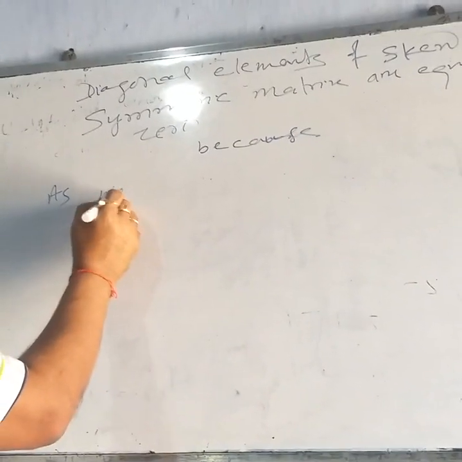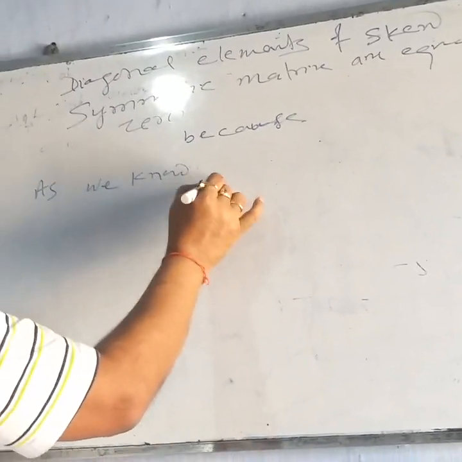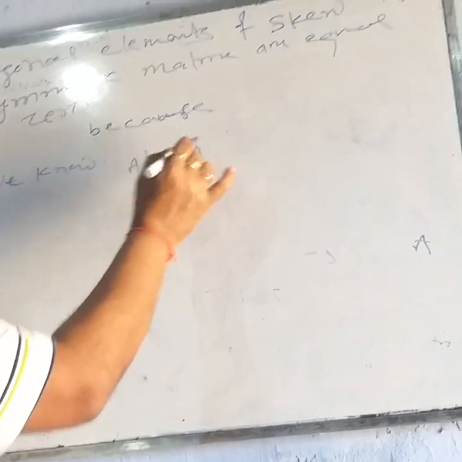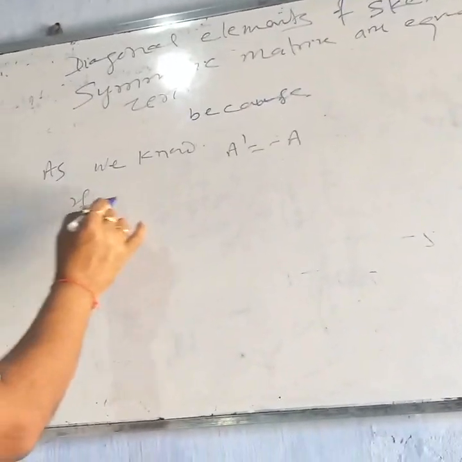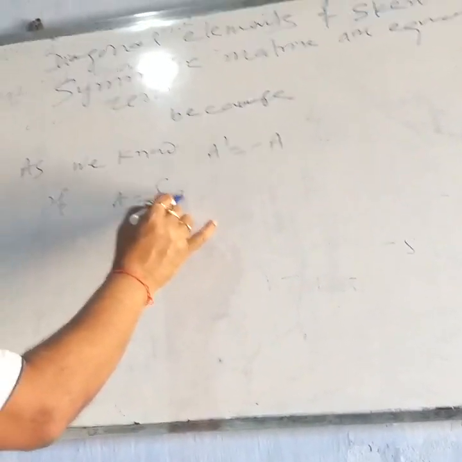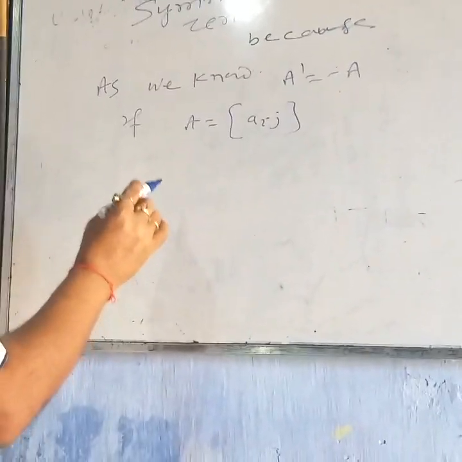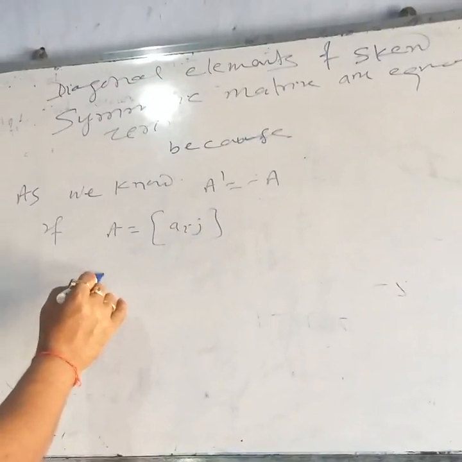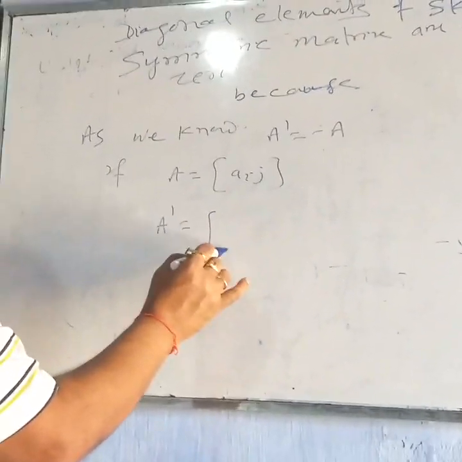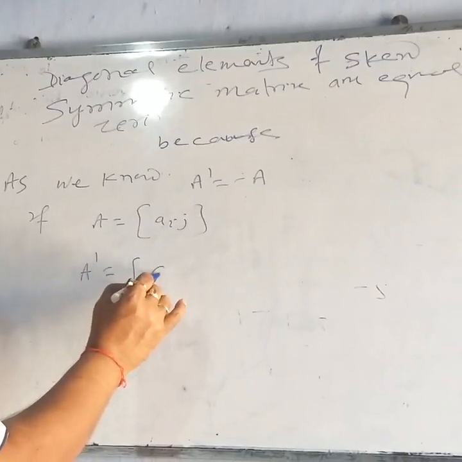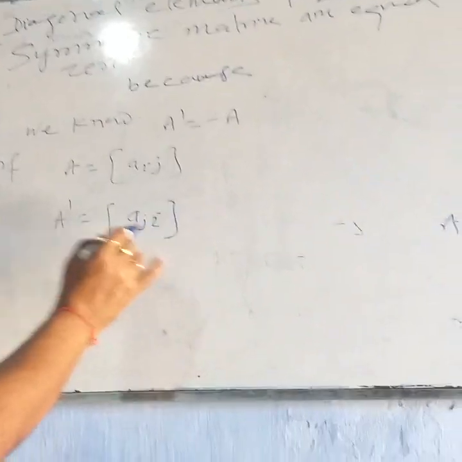Now, A transpose is equal to minus A. If A is Aij, then A transpose is Aji.